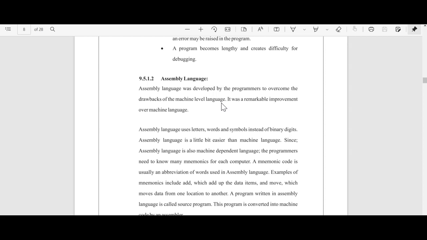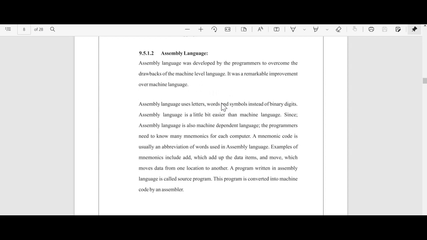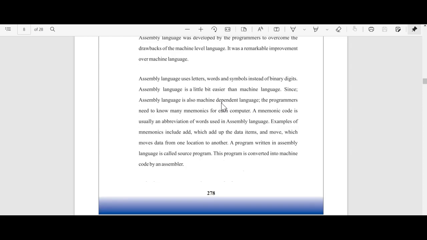Instead of writing the details like you don't have to park here, we just write P and cross, so it is a symbolic language. Just like those, assembly language uses letters, words, and symbols instead of binary digits, and it is a bit easier than machine language. It uses mnemonic codes, which means symbols, abbreviations for words.